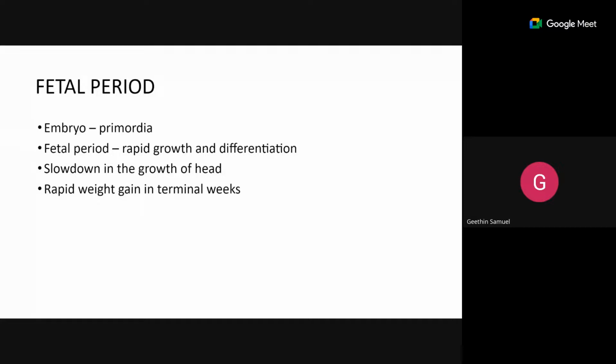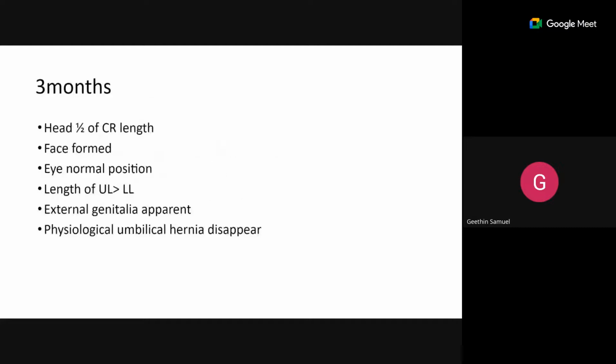So in the fetal period, the growth of the head will be a little bit slower compared to other regions. And there is rapid gain of weight. The fetal period starts from the 9th week, sorry, not 9th month, 9th week, till the delivery.